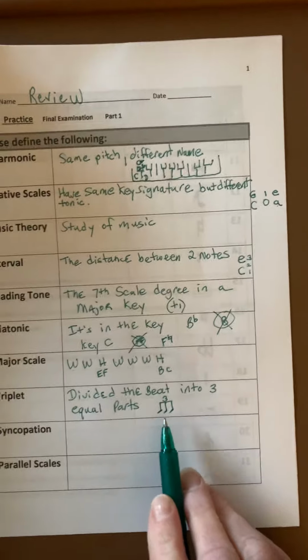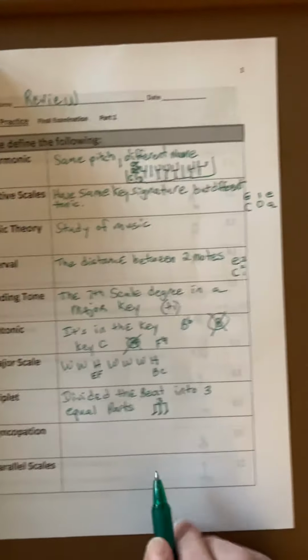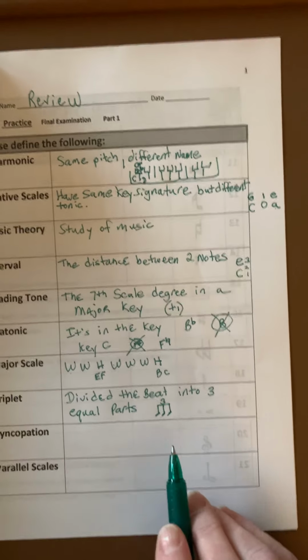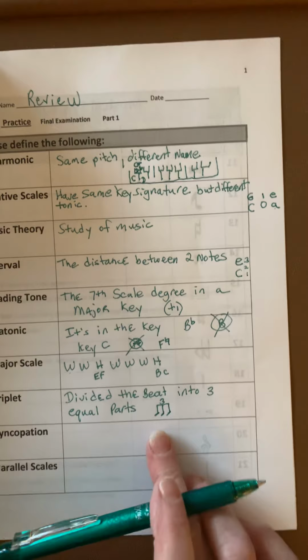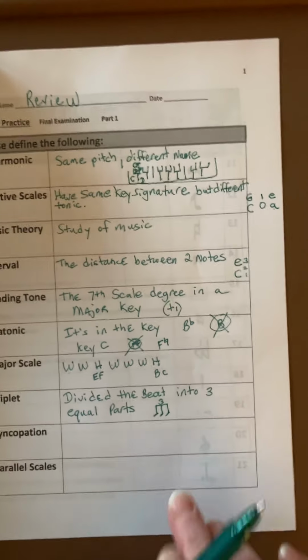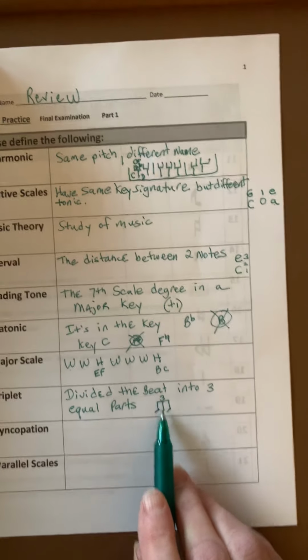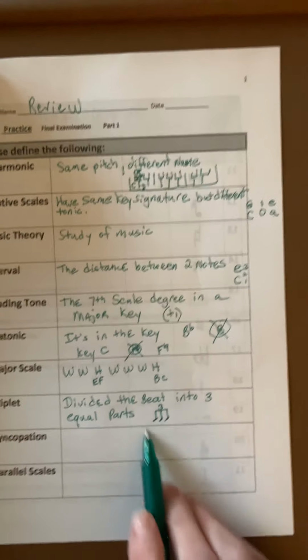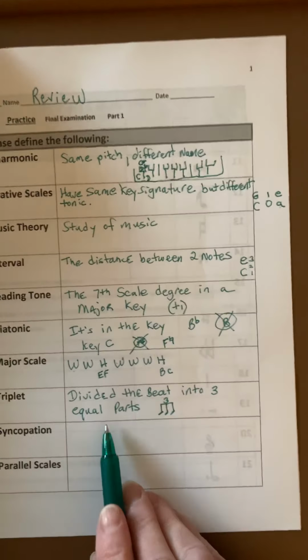And it's found in simple time. This is the beat in compound time. So you don't need the 3 above it. It's always 1, 2, 3, 4, 5, 6, bump, bump, bump, bump, bump, bump. But if you want to get that equal division in a simple time, 1 and 2 and 3, you have to put the 3 above it and borrow it from compound time. So it's dividing the beat into 3 equal parts.